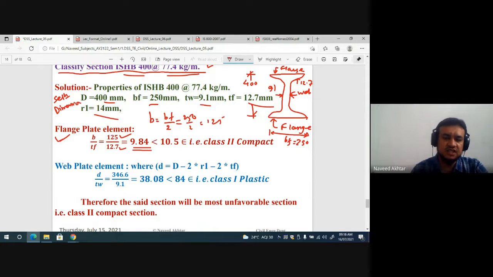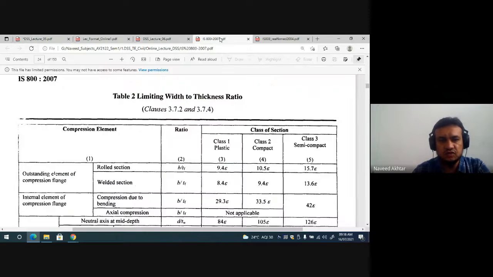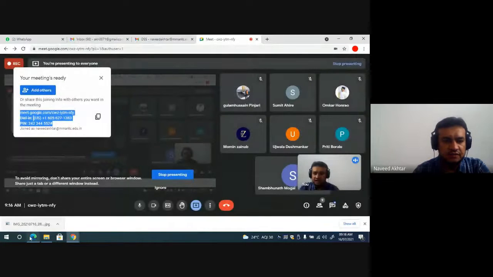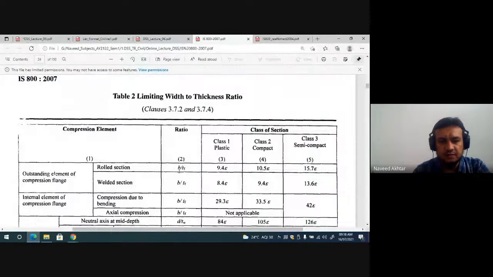Now we will compare it with the IS code. If you come to the IS code, the rolled section is there, and you can see the b by TF value is 9.4 epsilon for class 1 plastic.